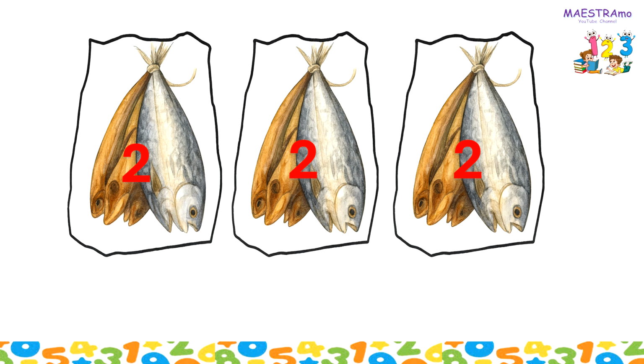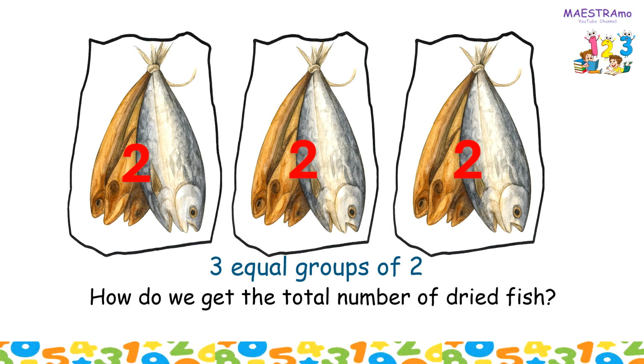The illustration means we have 3 equal groups of 2. How do we get the total number of dried fish? We're going to find the sum of 2 plus 2 plus 2. The answer is 6.